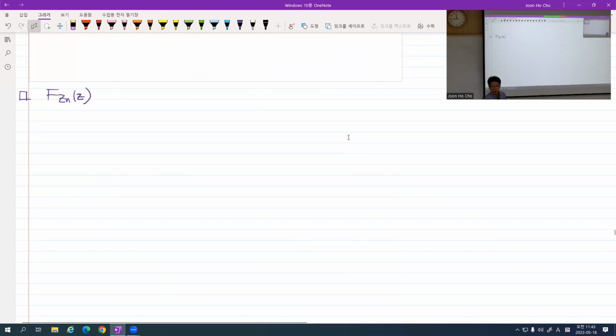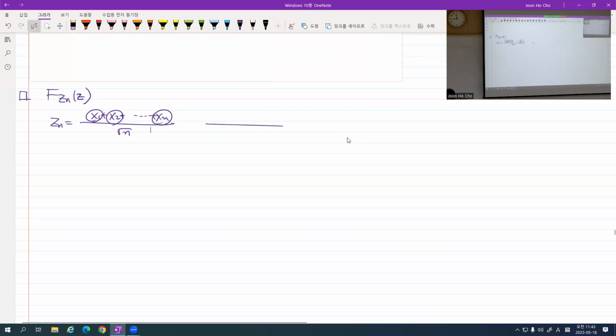What's the shape of that one? You remember z sub n in this case is simply one over the square root of n times x1 plus x2 up to xn. What is each one? 1 or negative 1.